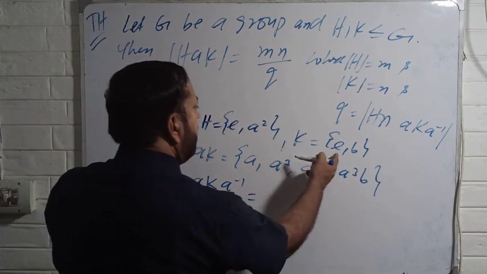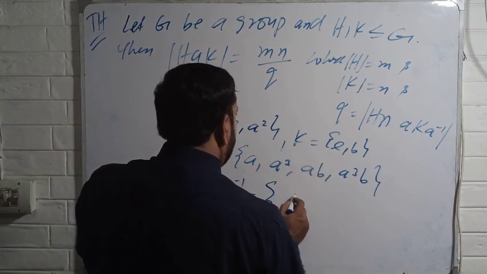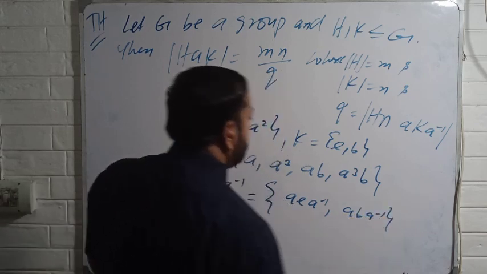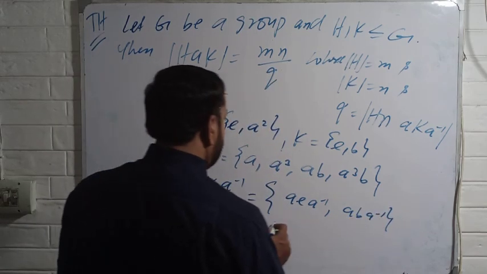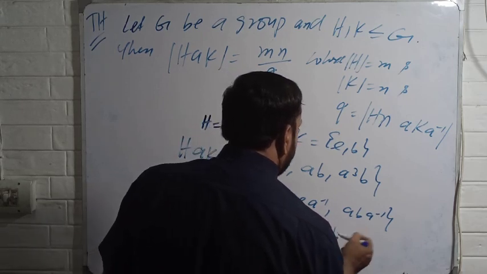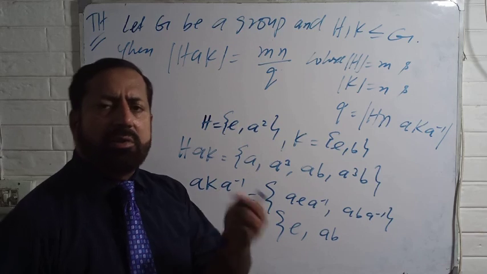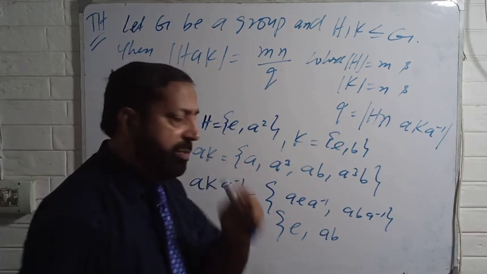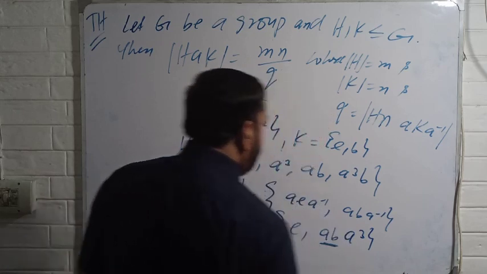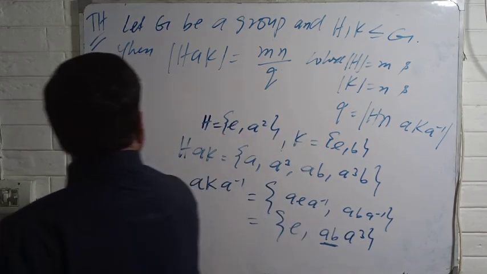So what is your K? This is A E A inverse, A B A inverse. So what is this? This one is E and this one is AB. What is A inverse? You know A to the 4 is equal to E. So A inverse is equal to A cube. So what is AB?